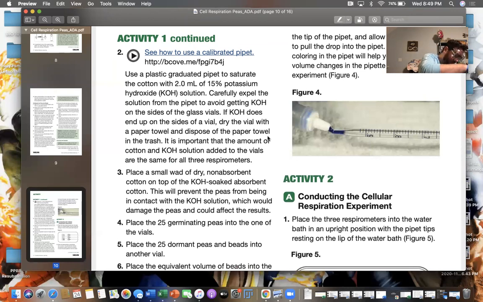Nope. Okay. That's fun. All right, let's see here. So we need to put the potassium hydroxide into something and then transfer it out.